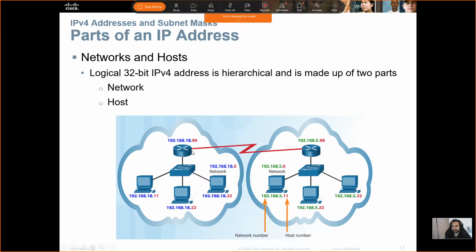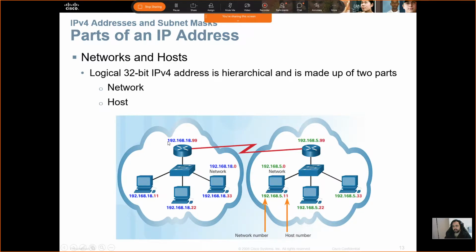The first LAN is 192.168.18. This is one LAN. And 192.168.5 is the other LAN that we have here, correct? If you notice on the left, there is a portion of the IPv4 address, in blue, that is shared amongst all of the devices in the left LAN.